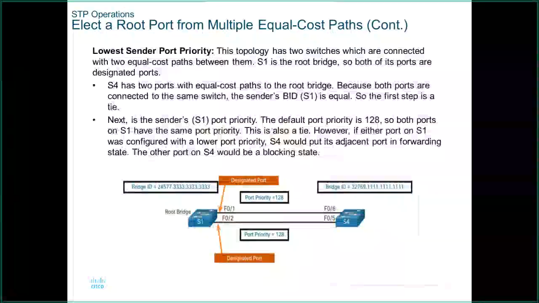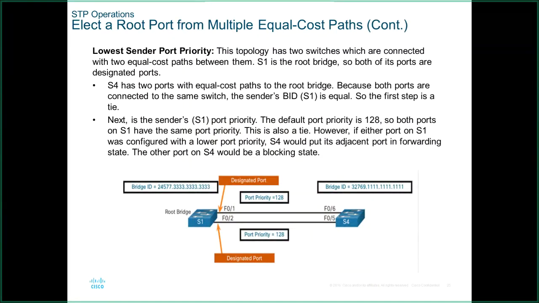So what happens when it's a dual link between two devices? Well, the sender bridge ID is going to be the same. Port priority is the same. So what's the deciding factor of which one's going to be on and off? Well, this is the root bridge. So switch 4 has to determine which port is what.